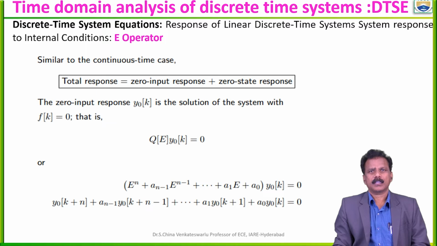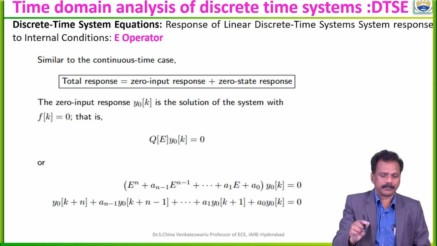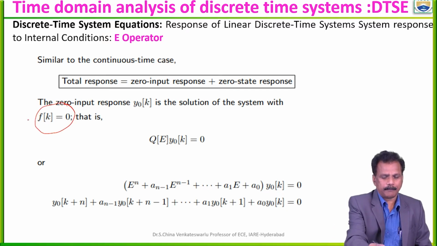From this condition, similar to the continuous time case, the zero input response y0 of k is the solution of the system with the condition f of k equal to 0.